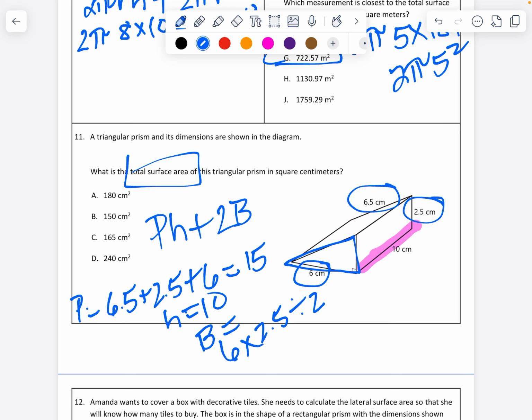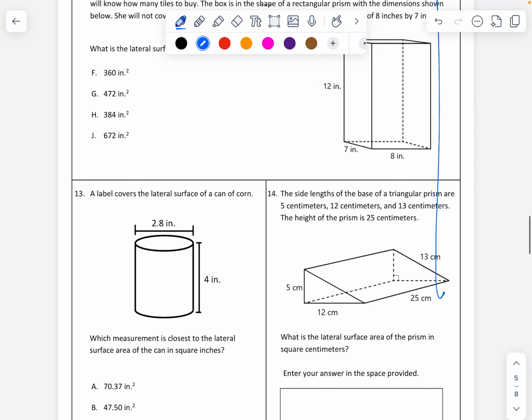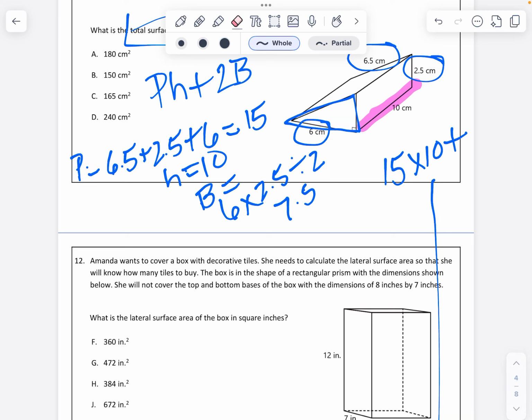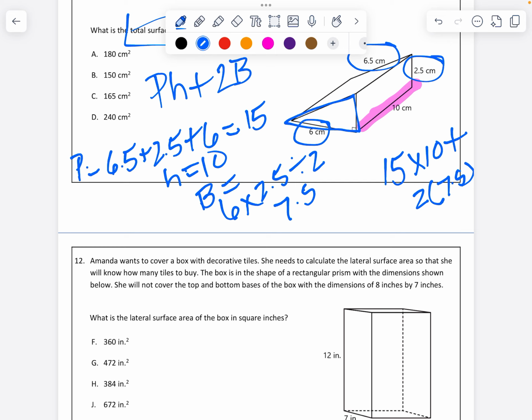Put that in our calculator and we get 7.5 for big B. Then we can plug it in. So I have 15 times 10 plus 2 times 7.5. So that's going to be 165, which is C.